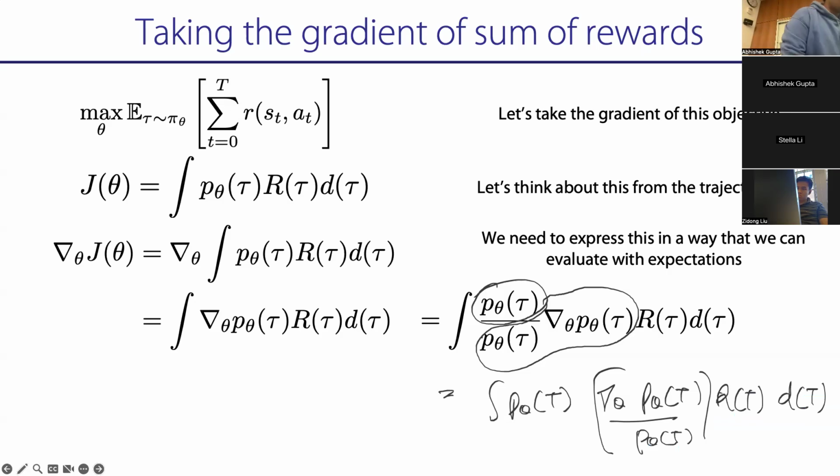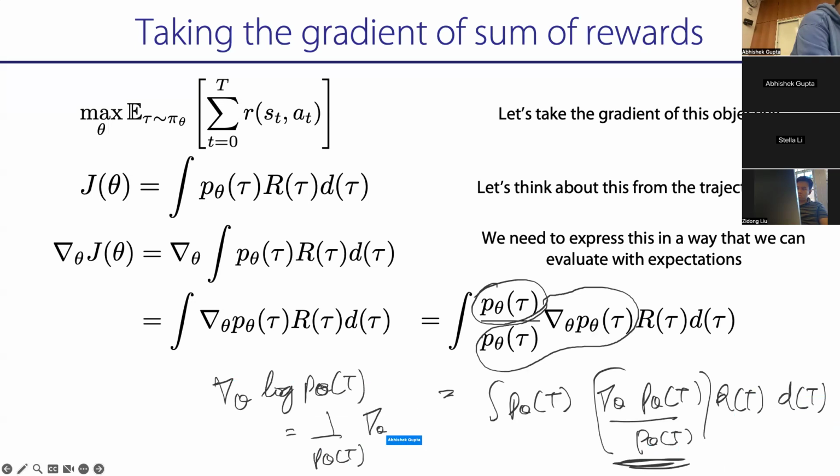Now, if you look at this term and use the chain rule, grad theta log p theta tau is 1 over p theta tau times grad theta p theta tau. That's just the chain rule of calculus: the gradient of the log is 1 over the value times the gradient of the thing inside.